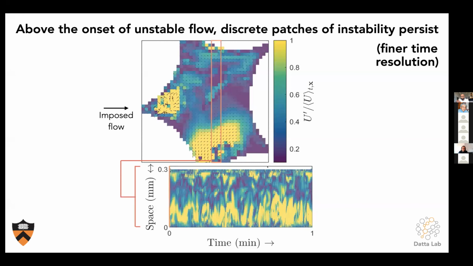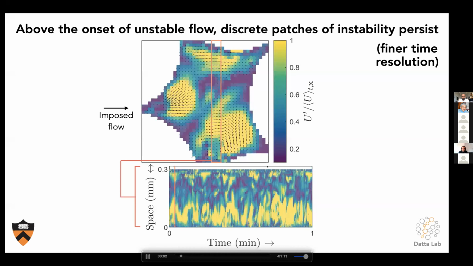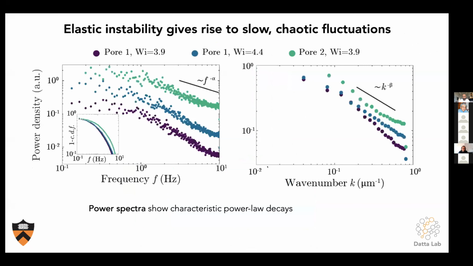One important feature is that by characterizing the flow, we can ask, are there characteristic length scales or time scales in these flows, or are they purely chaotic? And when we characterize the flow, we see that the power spectral density of the flow fluctuations decays as a power law, both in frequency and in space. What that tells us is that these flows are chaotic.